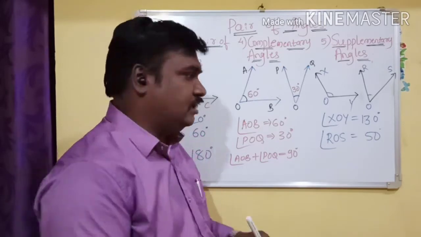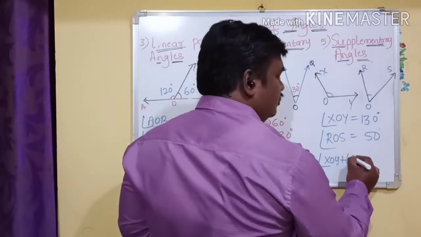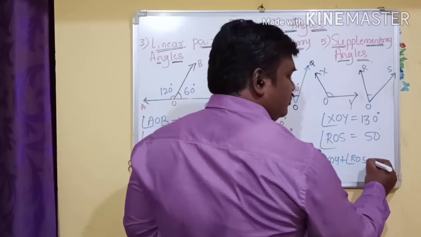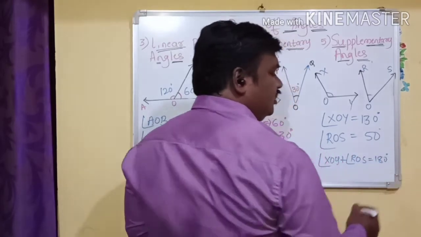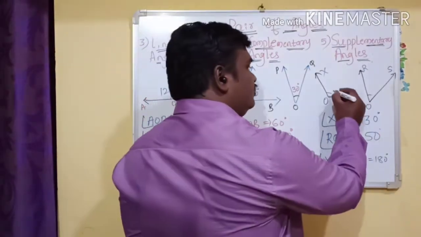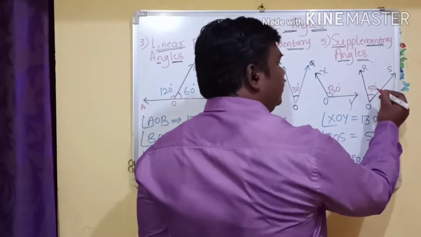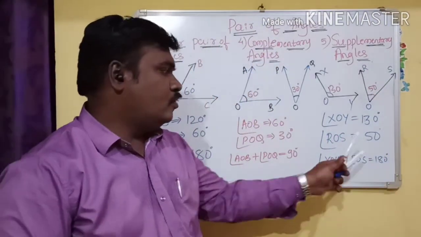Then the sum together, XOY plus ROS, is 180 degrees. Then they are supplement to each other. So here this is 130 degrees and this is 50 degrees. Together it is 180 degrees.